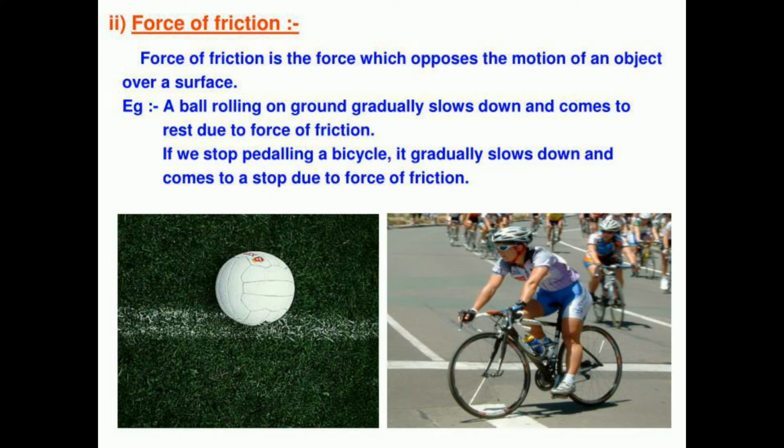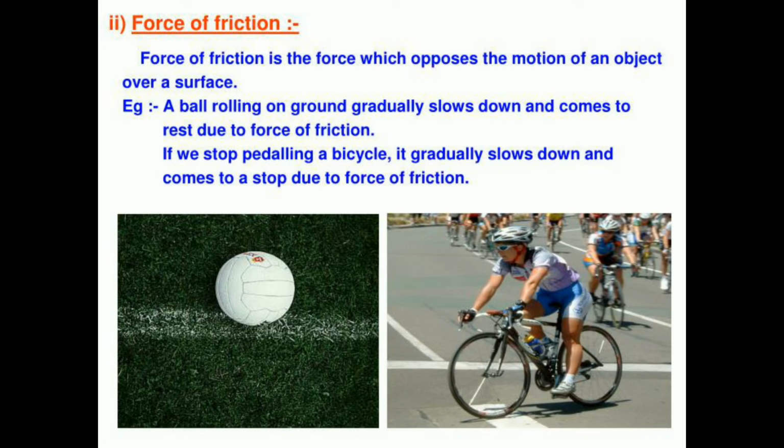Some more examples. If we stop pedaling a running bicycle, it slows down gradually and stops after covering some distance due to the frictional force between the tires of the bicycle and the road. This frictional force opposes the motion of the bicycle and brings it to a stop. In this case, the two surfaces in contact are the surface of the road and the surface of the tires of the bicycle.